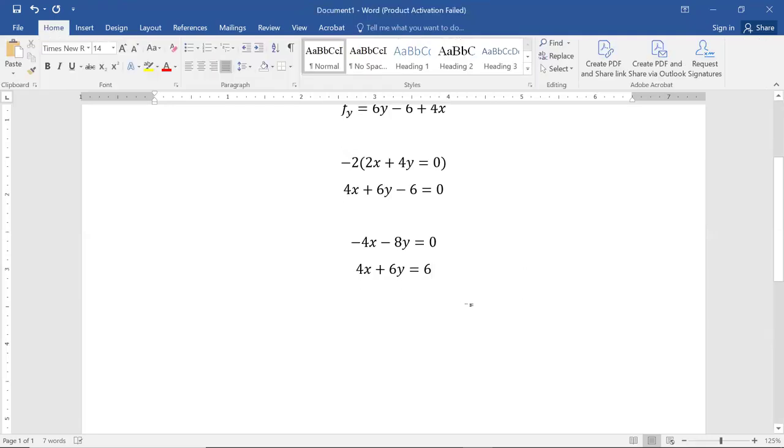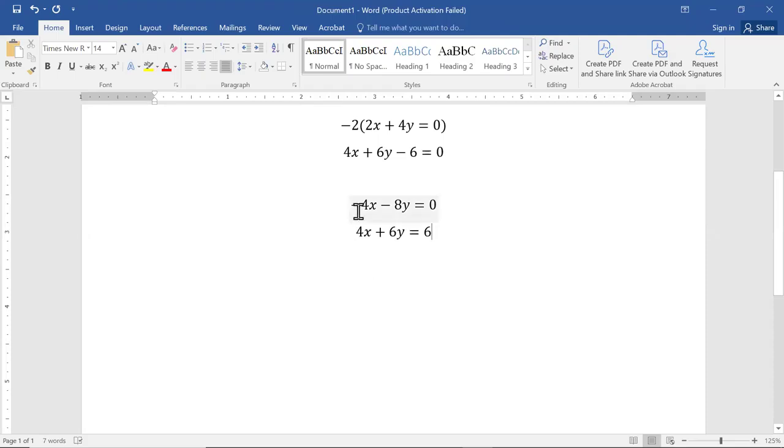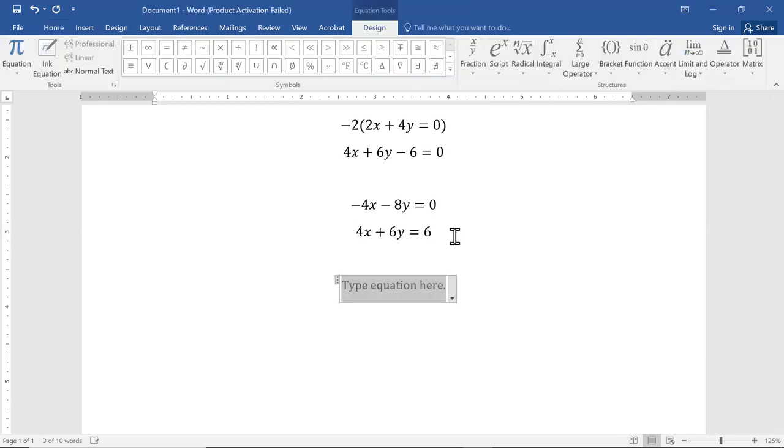Now the elimination method says that now that I have opposite coefficients on my x of 4 and -4, I can add those two equations together. I'll add the x components, that's -4x plus 4x, gives me 0x.